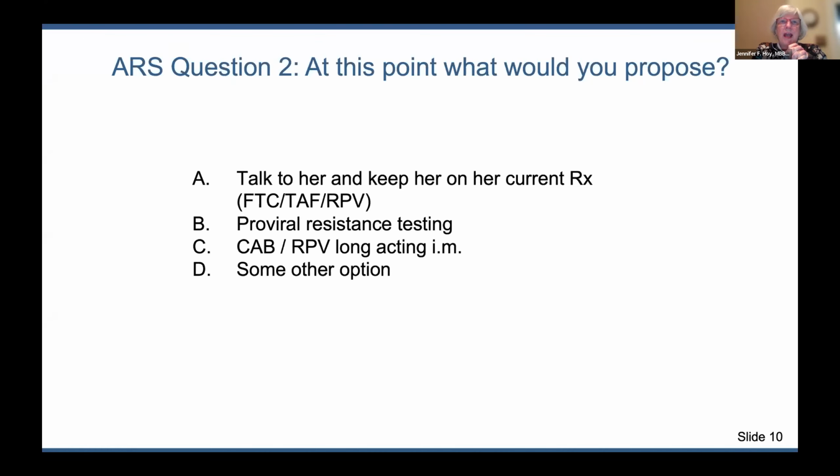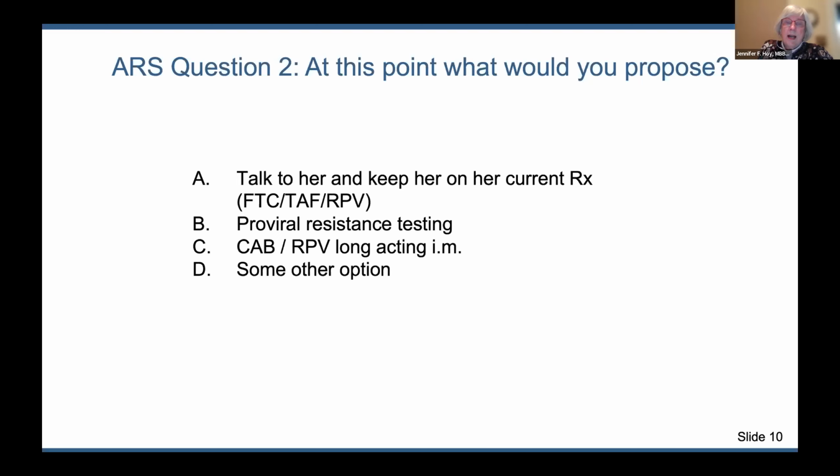We only have what her viral load is now. So we don't know whether she developed any resistance when she stopped her treatment, or had any virological failure, which I think is important to know before starting long-acting cabotegravir and rilpivirine.